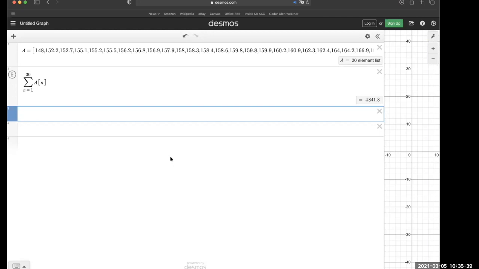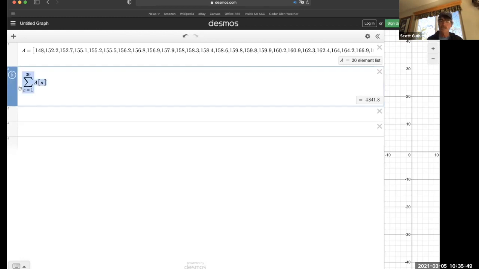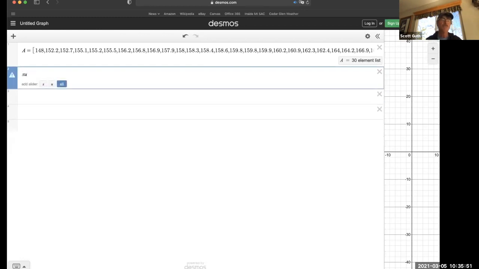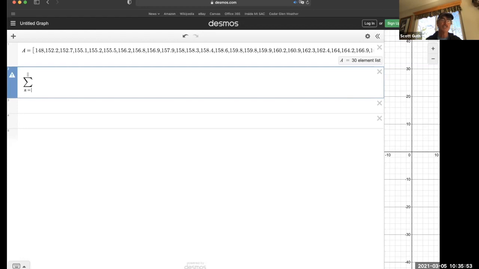So how do we sum it up then without putting all those symbols in? If you don't want to do that, let me just show you again how I typed it. Okay, so I typed the word sum and it automatically changes to this. There are 30 values in the list, so I'm going to have my index, my counter, go from 1, and then if you click up above, you put a 30 up there.